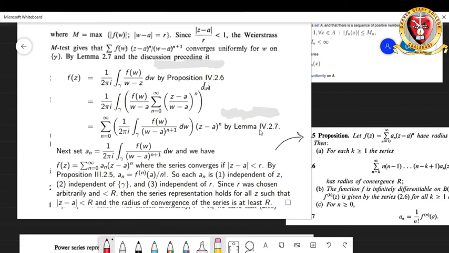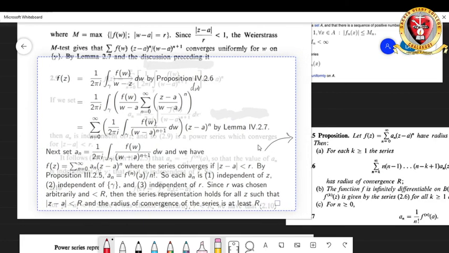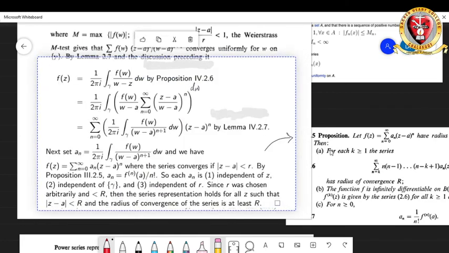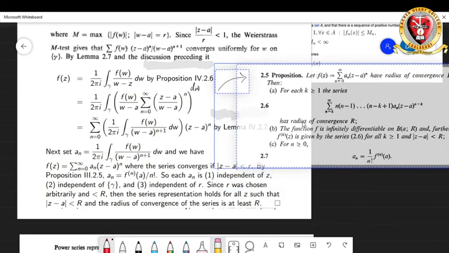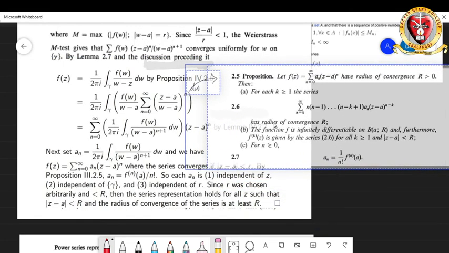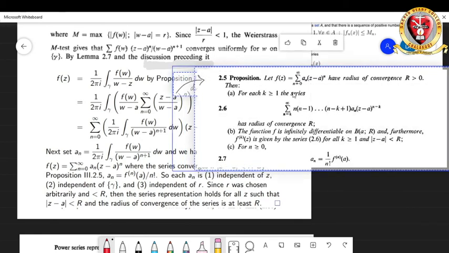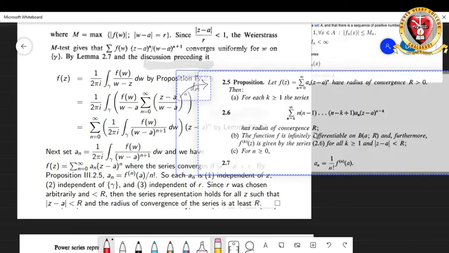Here we have one more thing to note. Proposition 2.5 in the earlier chapter 3 said that if f of z has a power series representation with radius r strictly greater than 0, then a n is of the form 1 by n factorial into f n of a.